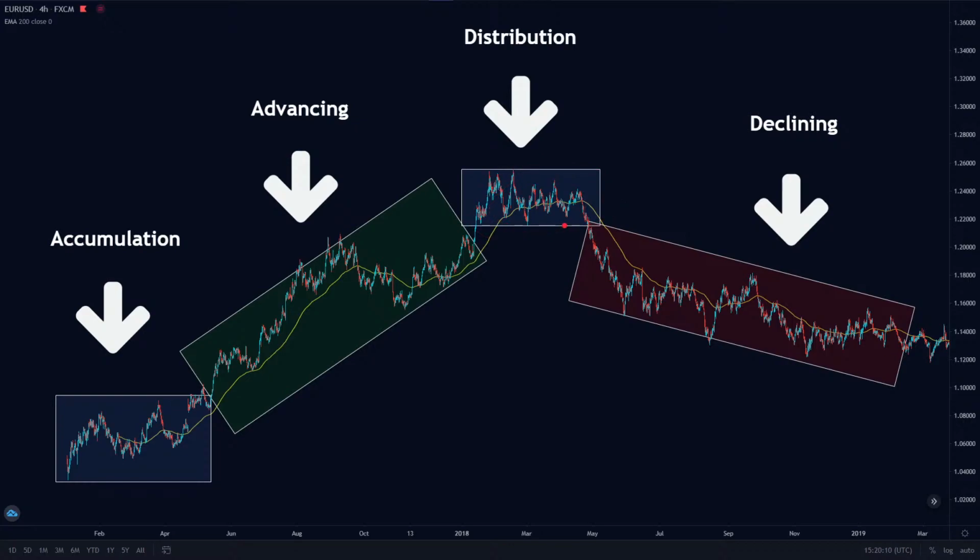It can be the case that after the distribution, a new rally can emerge, but it also can be the case that after the distribution, there won't be enough buying power to force the market going higher. And it can be the case that the market enters the decline. So depending on the market phase, there are different strategies.